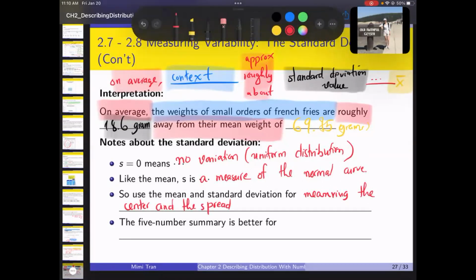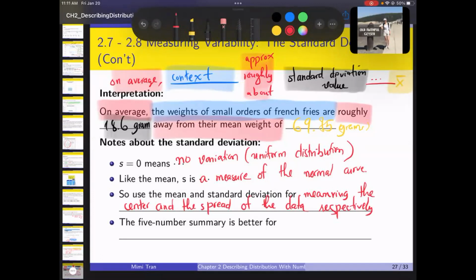The data, respectively. When do I use five number summaries? Remember the box plot thing? Min, max, Q1, Q2, Q3.